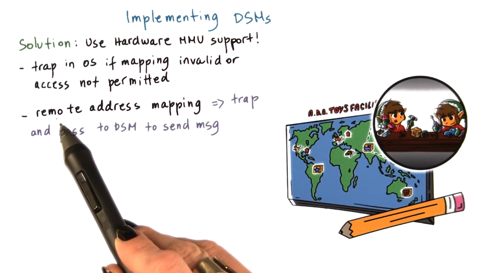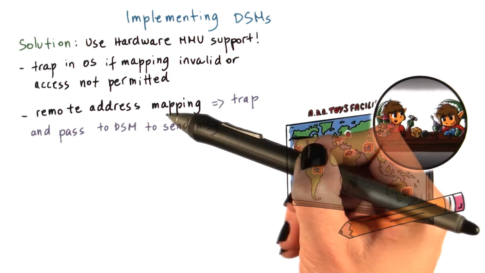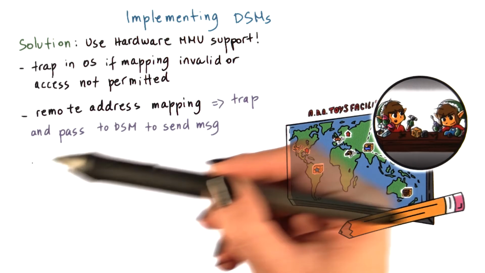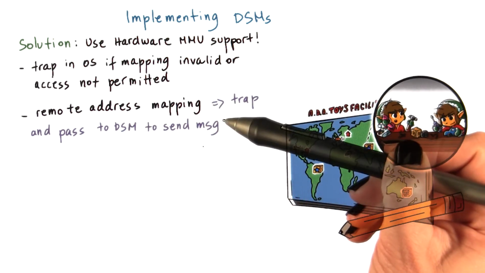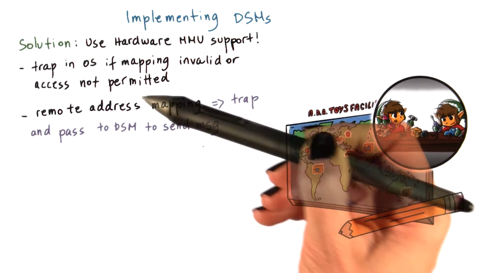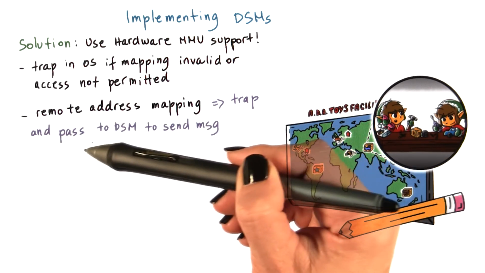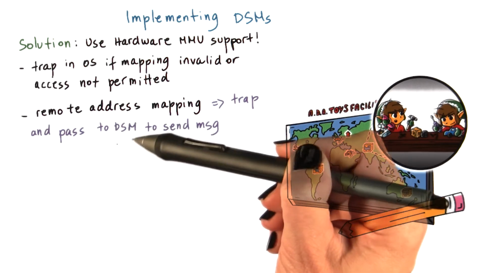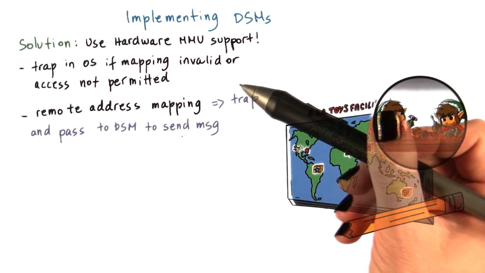Whenever we need to perform an access to a remote memory, there will not be a valid mapping from the local virtual address to the remote physical address. The hardware will generate a trap in that case, and at that point, the operating system will detect what is the reason for that trap, will pass that page information to the DSM layer, and the DSM layer will send the message.